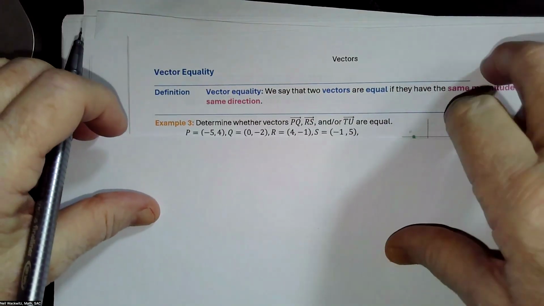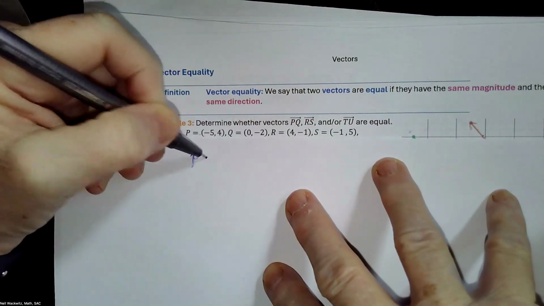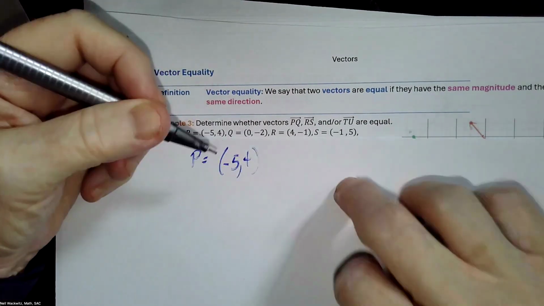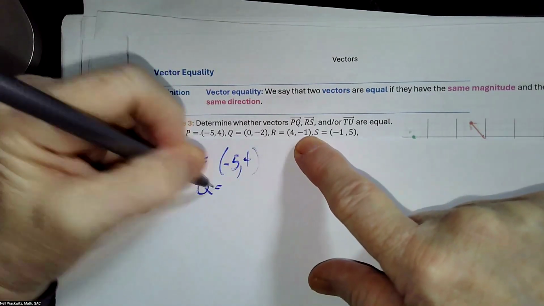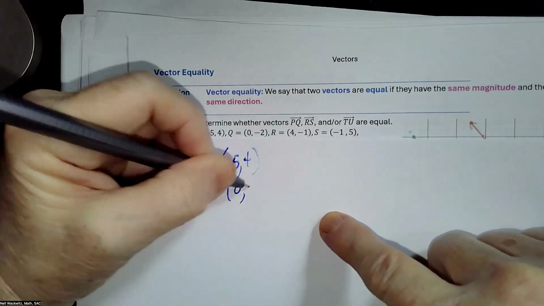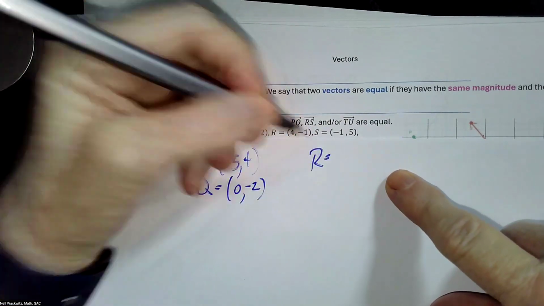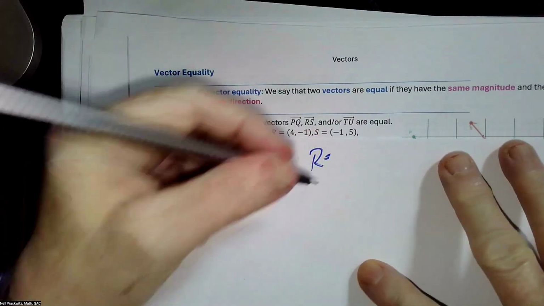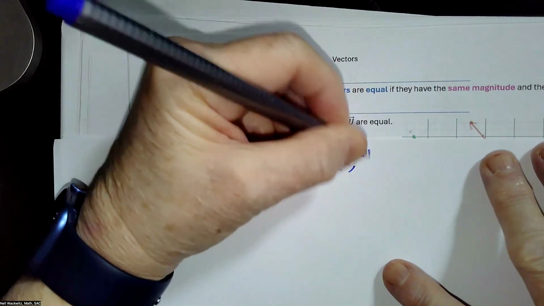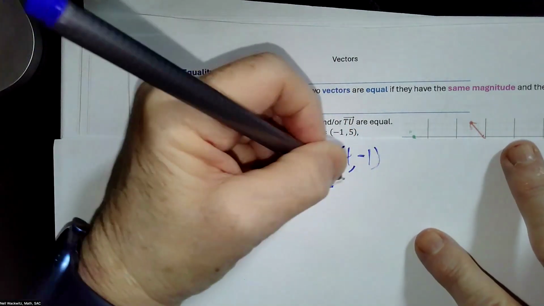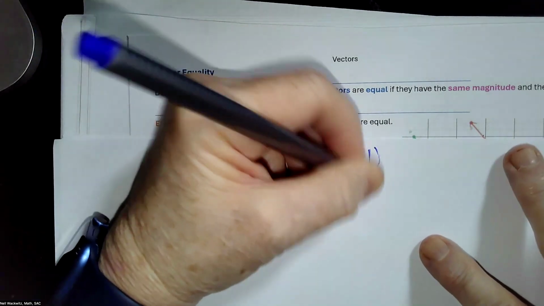We've got P is negative 5, 4. Q is 0, negative 2. R is 4, negative 1. S is negative 1, 5.